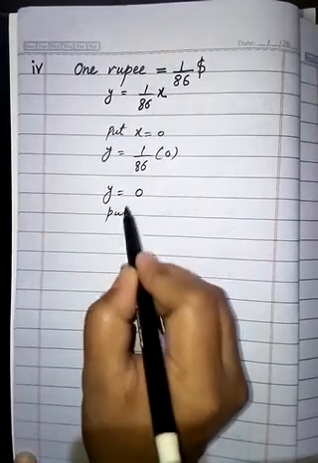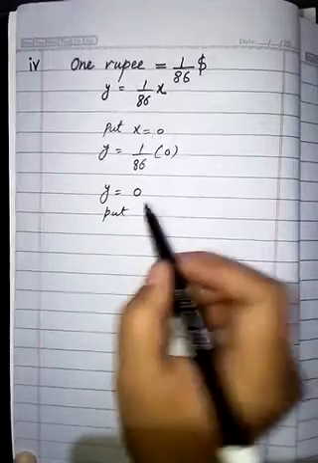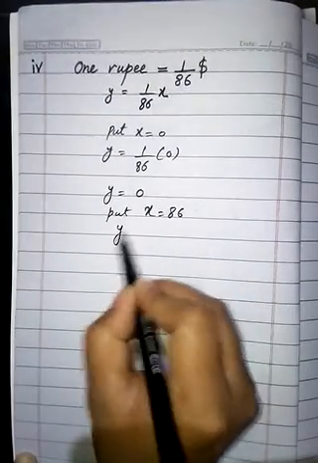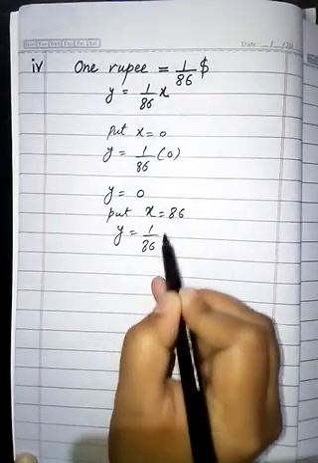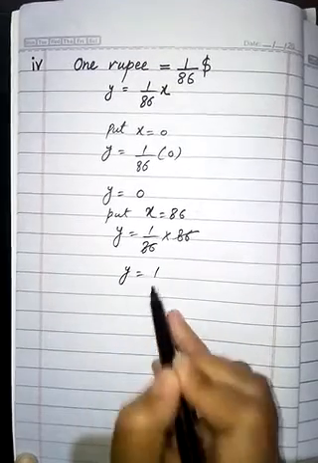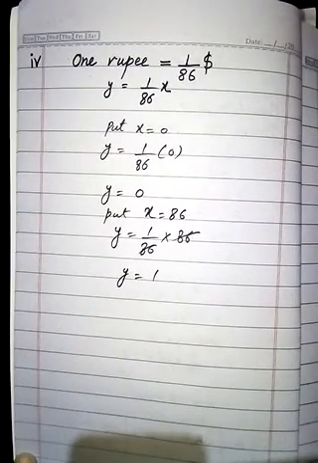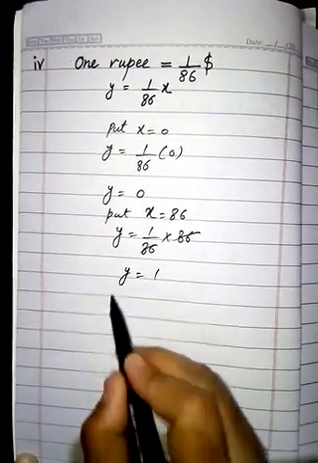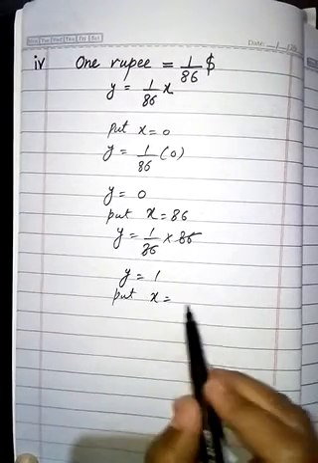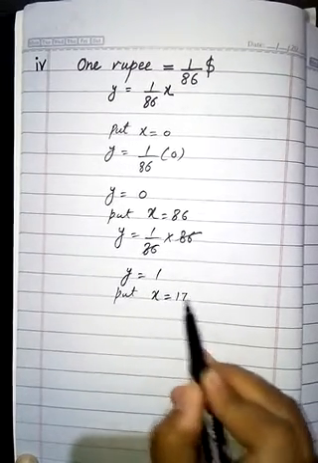Now you have to put x equals 86. So y equals 1 by 86 multiplied by 86. 86 cancels with 86, so y equals 1. Now you have to put x equal to 86 two times, which I think is 172.